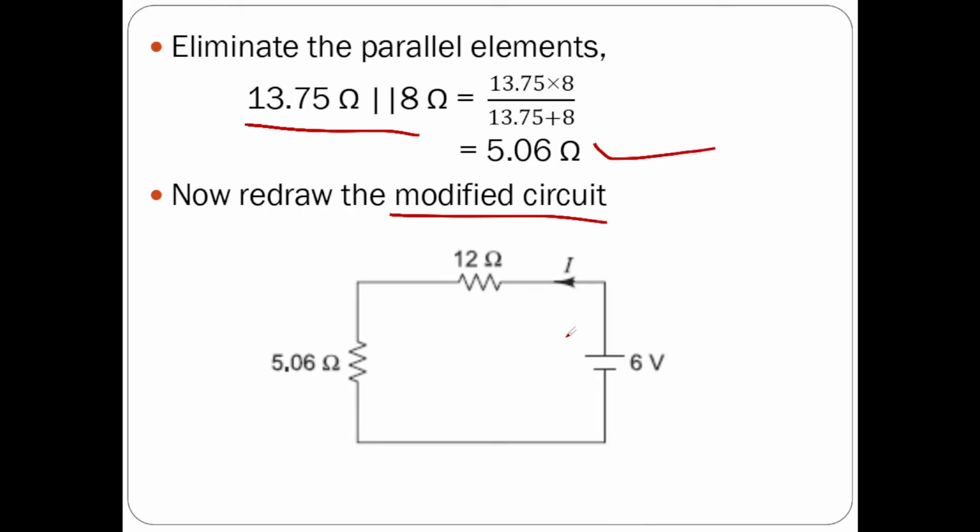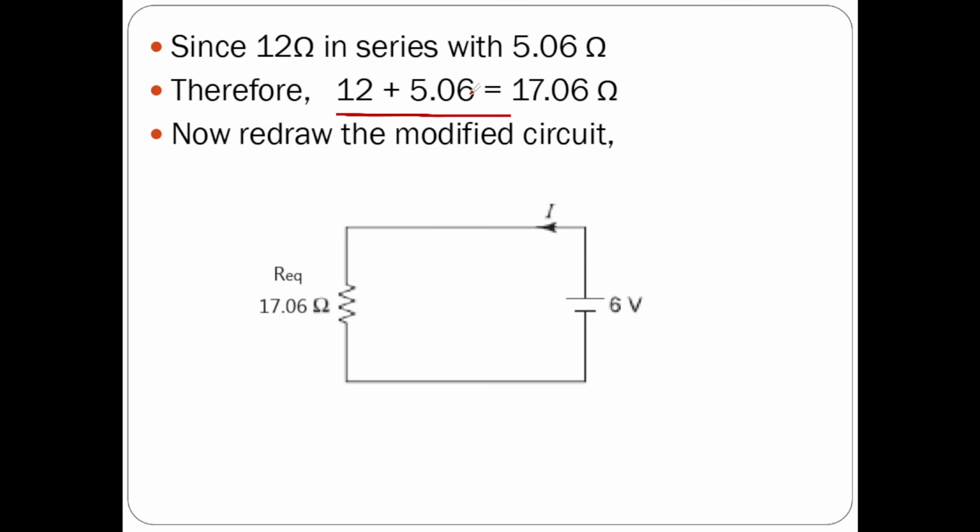Whatever current comes out of the positive terminal of this source will flow through 12 ohms and the same current will flow through 5.06, meaning current is not dividing, so these two elements are connected in series. Simply add the resistance values: 12 plus 5.06, you will get 17.06. So 17.06 is the total resistance in the given circuit.